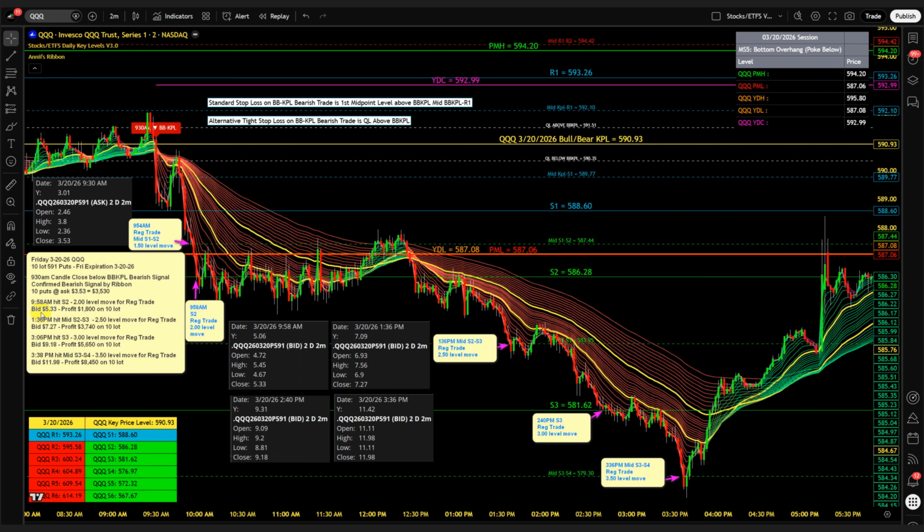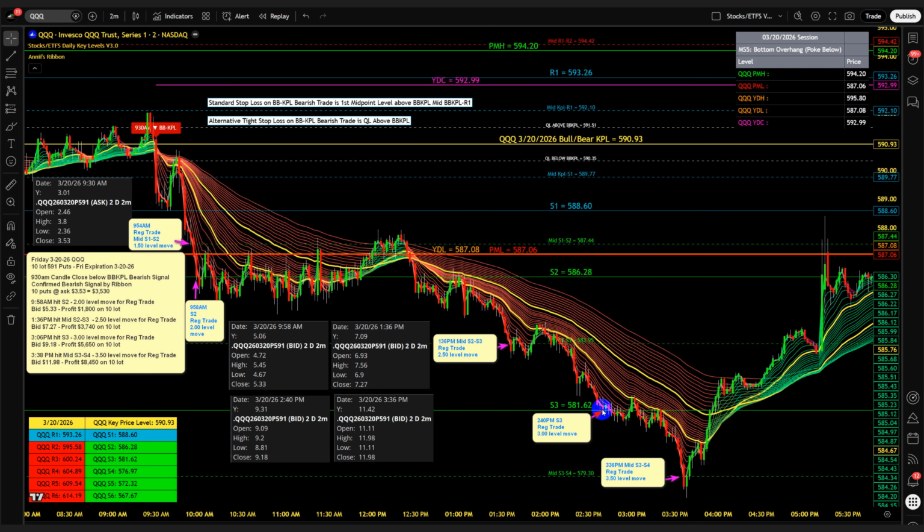So with the bid being $5.33, that is a profit of $1,800 on a 10 lot. Here at 1:36 p.m., we get a hit of the mid S2, S3 level. That is now a 2.5 level move in your favor. The bid price on the candle close is $7.27. So now the total profit on the 10 lot is $3,740.